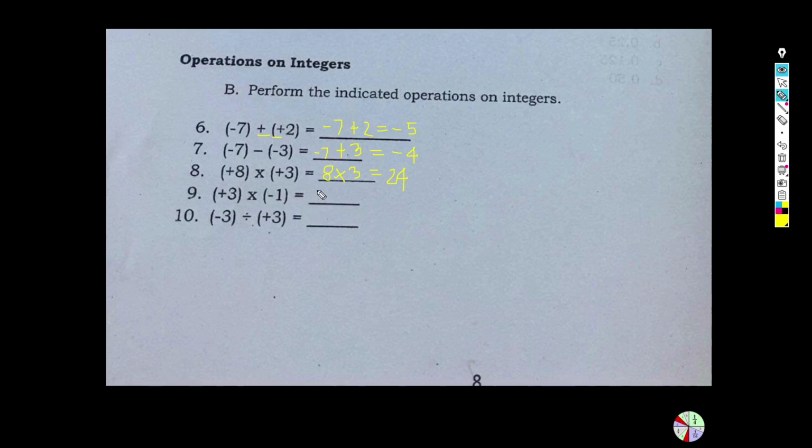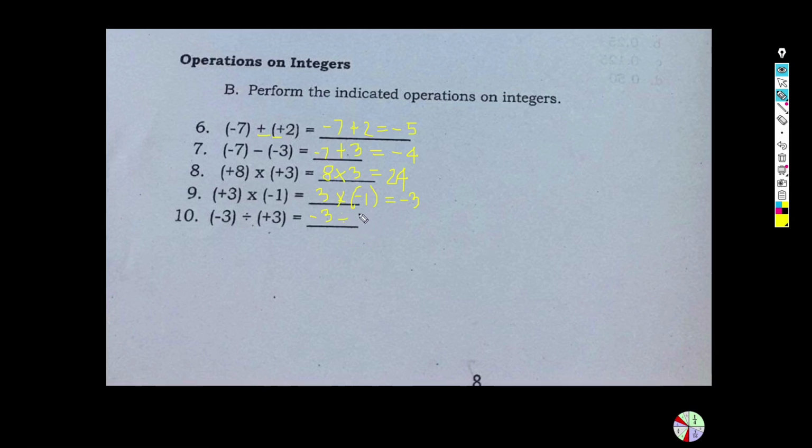Next, positive 3 times negative 1 times negative 1. If you multiply a positive by a negative number, the product is a negative number. 3 times negative 1 is negative 3. Then negative 3 divided by positive 3.